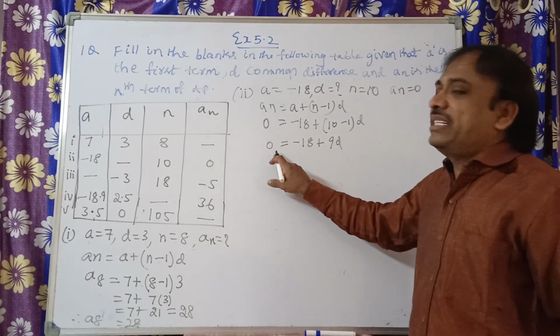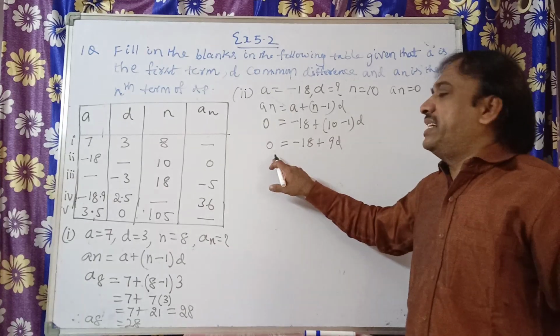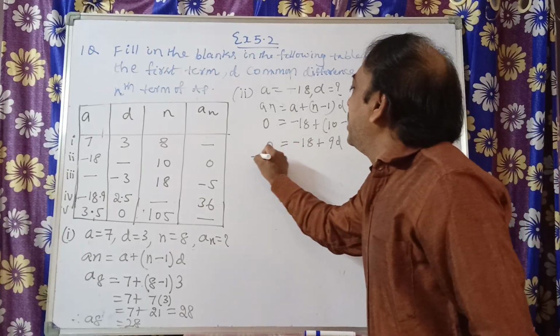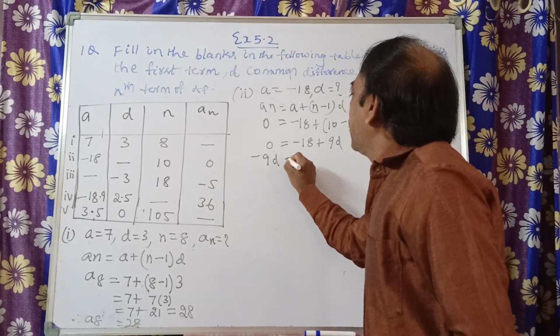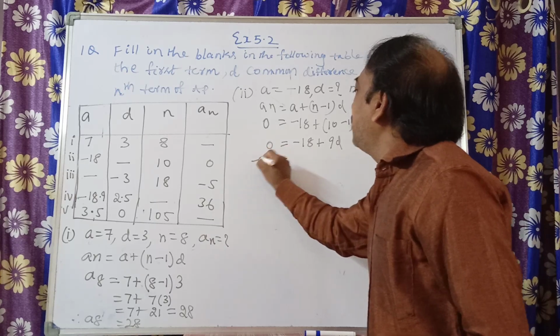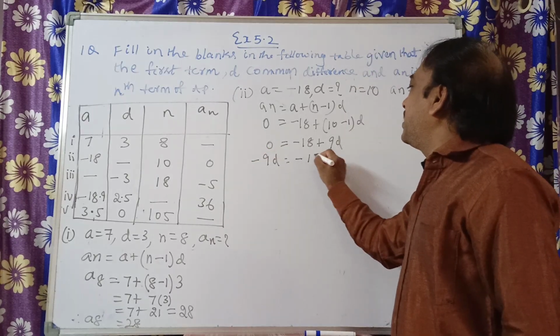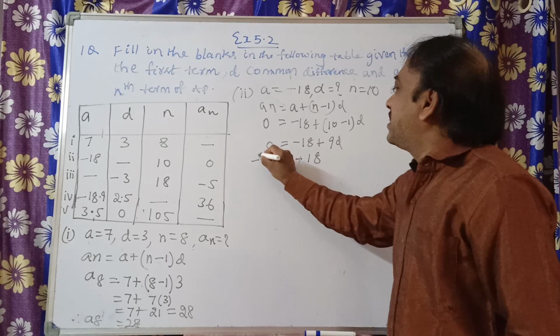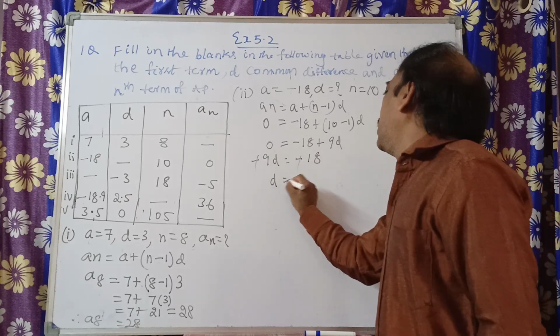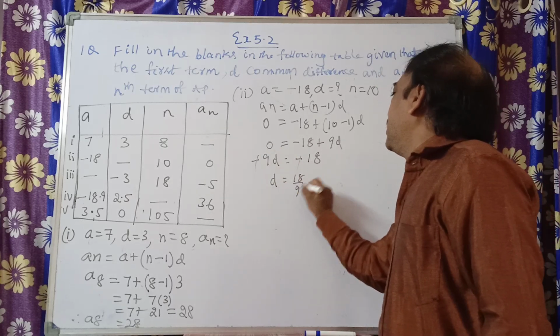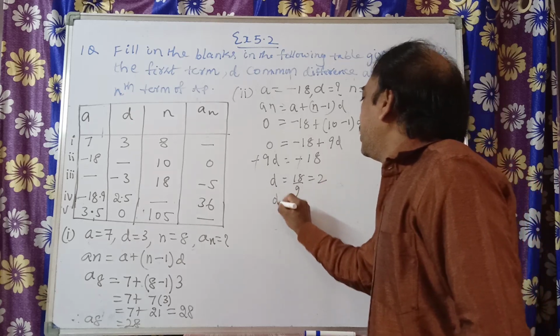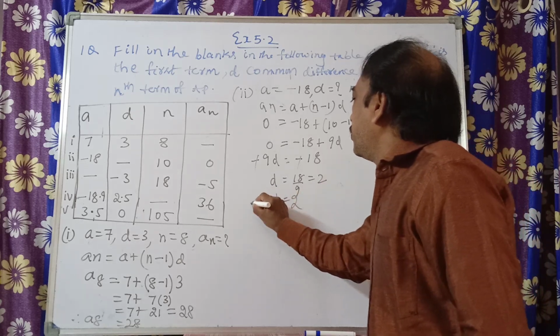Transpose this plus 9d to this side, and you will get minus 9d is equal to minus 18. Minus minus cancel, d is equal to 18 by 9, which is equal to 2. Therefore d is equal to 2.